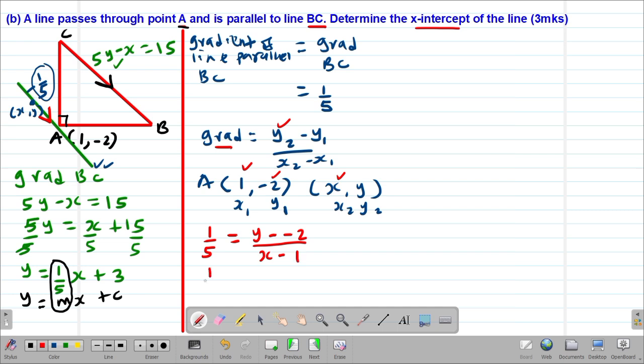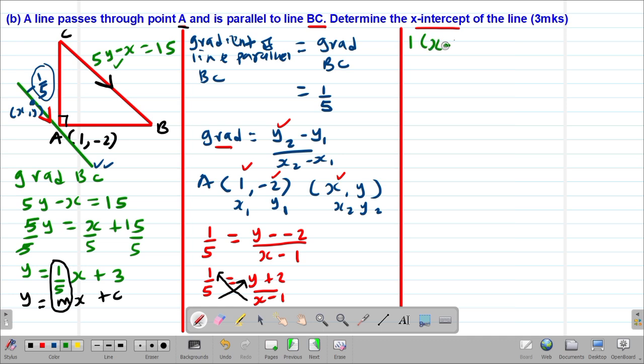So this is the same as saying 1 over 5 is equal to y plus 2, divided by x minus 1. Then if I perform cross multiplication, this one will multiply with that, and 5 will multiply with the other coordinates. So I'll have 1 into bracket x minus 1 being equal to 5 into bracket y plus 2.